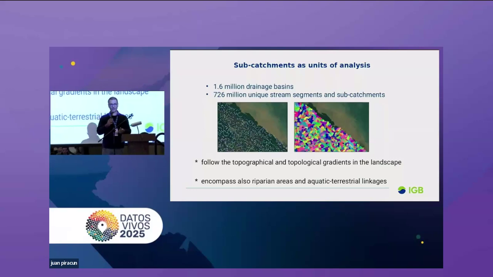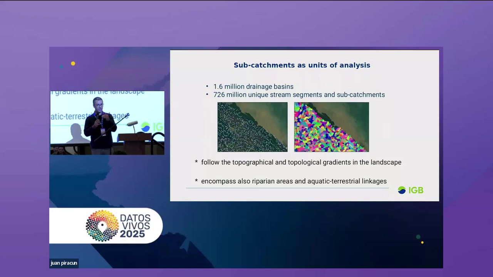So we summarize, for a list of different environmental variables, all the values within each of these small subcatchments. Why the subcatchments? The stream network presents some challenges. The segments are connected to each other. There is a routing in the stream network, which is normally not taken into account in terrestrial analysis.